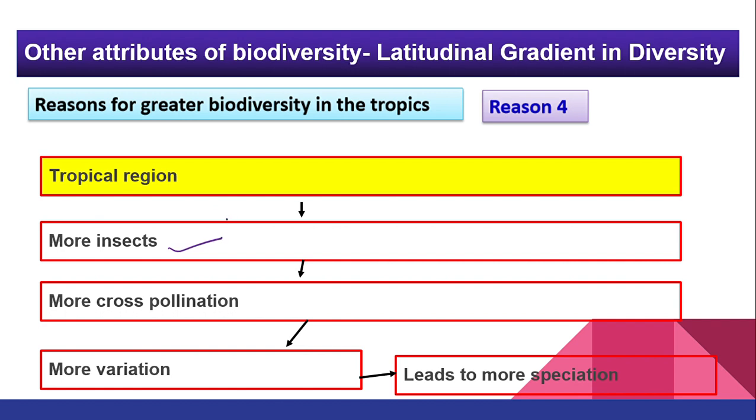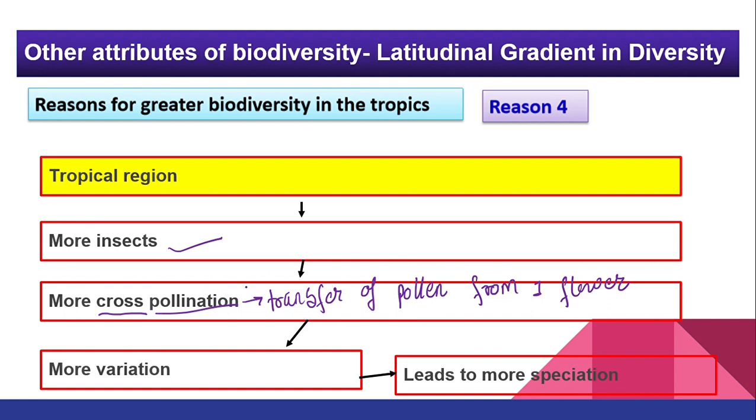Ma'am, how are these insects going to help us increase biodiversity? I mean, I don't like them. How are they helpful to us? Obviously, they are helpful when we talk about pollination. What is pollination? Pollination is nothing but the transfer of pollen grain from one flower to another flower. Why did I write one flower to another?